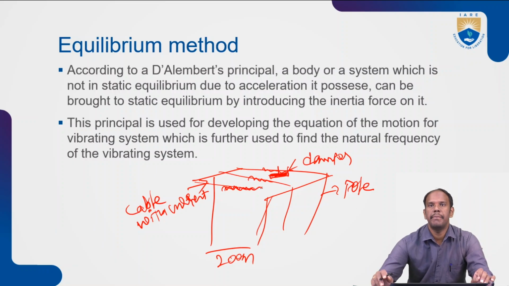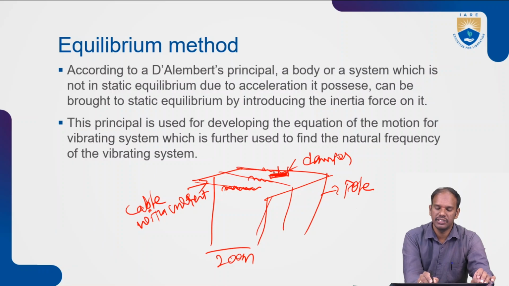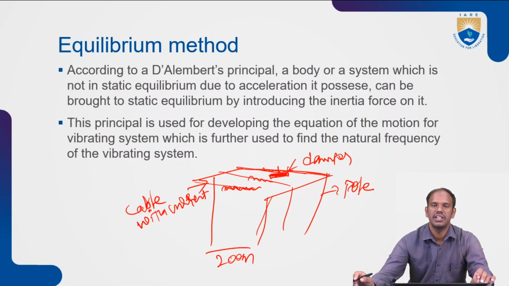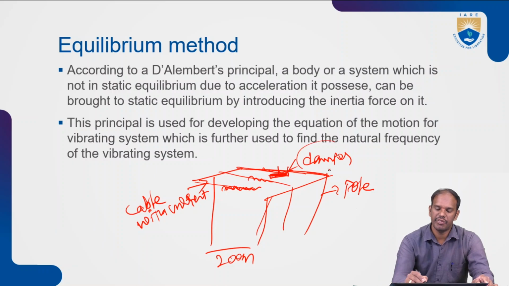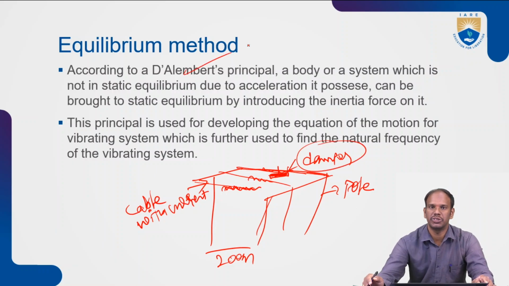So a damper has been introduced. Then there is a drop in vibrations, and most of the vibrations have been stopped, and the failure chances are less in this particular example. This came from the D'Alembert principle only.